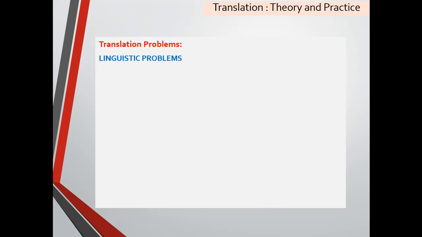The other linguistic problem that usually translators face is there are words that have no correspondent or equivalent in the target language. Every language has its own words that are sometimes impossible to translate into some other languages.